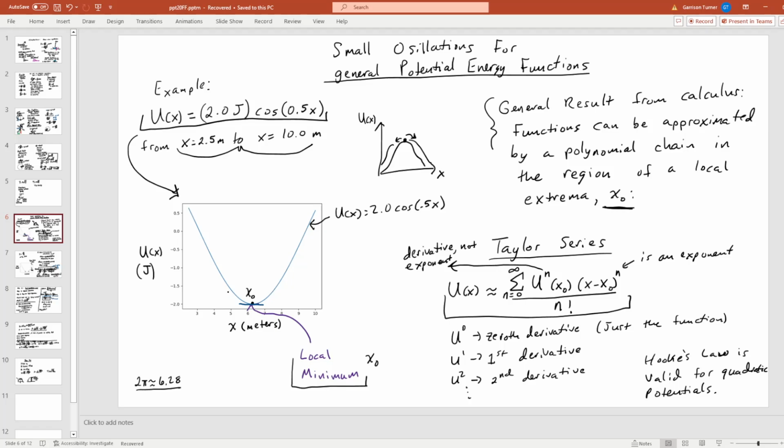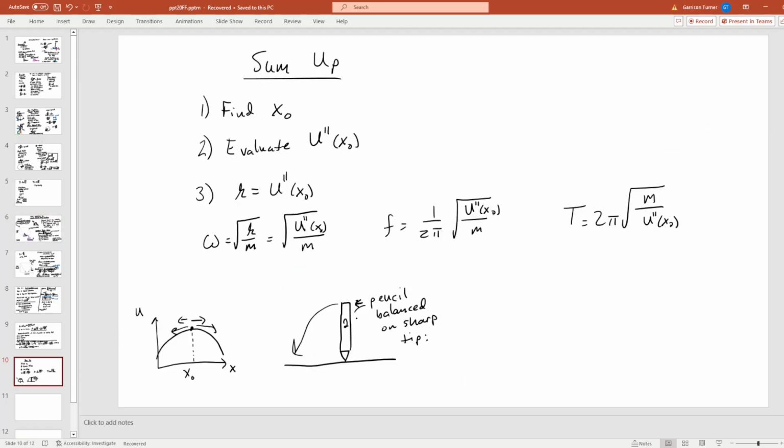You need a positive parabola with a local minimum. It doesn't have to be a parabola, but something you can approximate as a parabola using these Taylor series that we went through. But you have to have a local minimum. You cannot have a local maximum. If you have a local maximum, this is unstable.